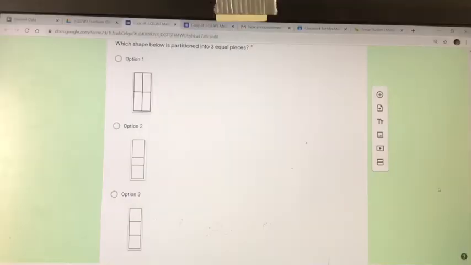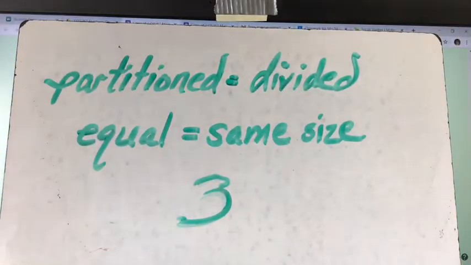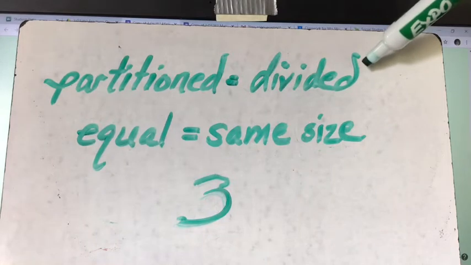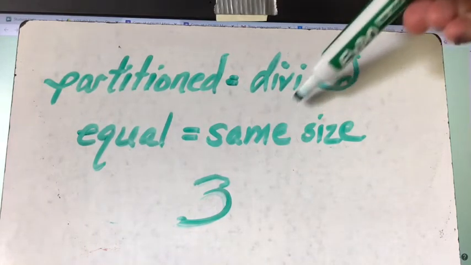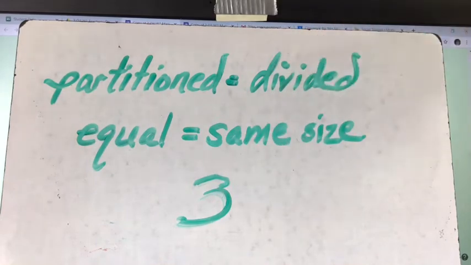The next problem says, which shape below is partitioned into 3 equal pieces? All right, there's keywords here. We have partitioned, we have equal, and we have the number 3. So let's look real quick at those. Partitioned, we know, means divided. So we're dividing it. Equal, they have to be the same size if they're equal, and 3 pieces.